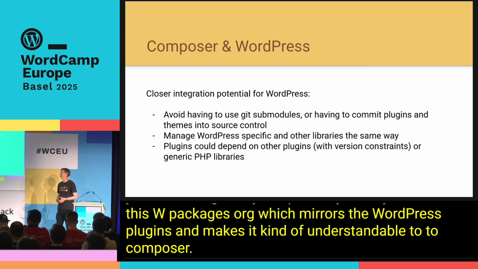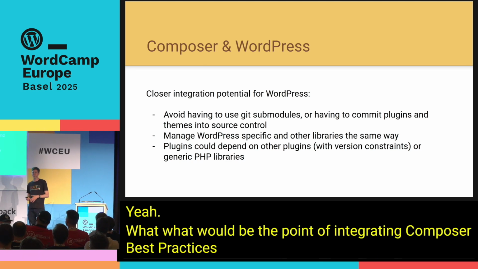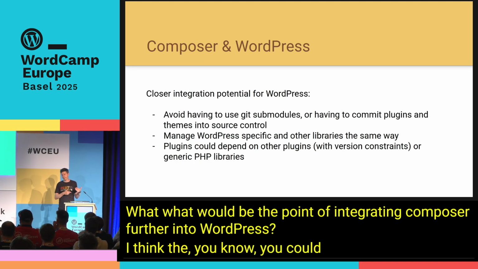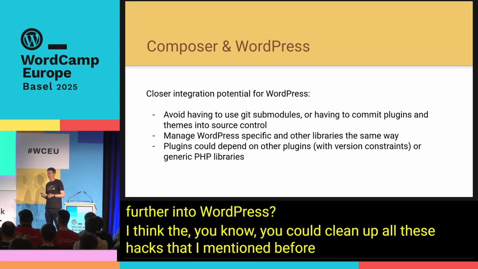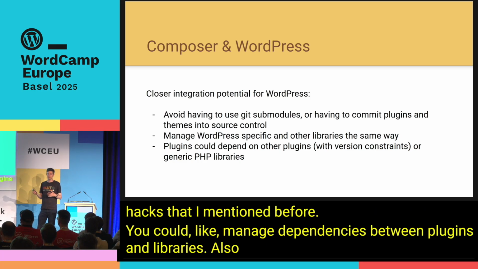Now, what would be the point of integrating Composer further into WordPress? I think you could clean up all these hacks that I mentioned before. You could manage dependencies between plugins and libraries natively.